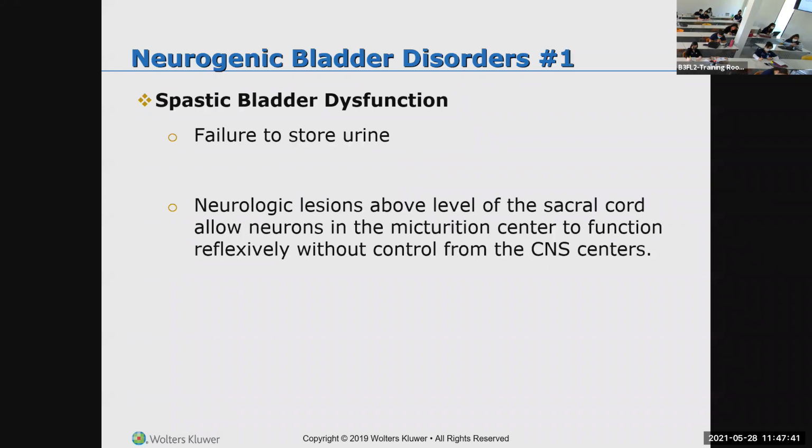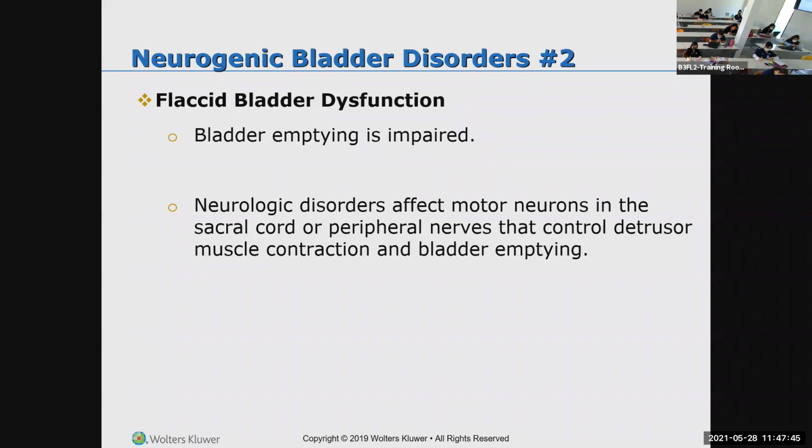Now we are saying the bladder becomes flaccid. When the bladder becomes flaccid, we have difficulty in urination. Bladder emptying is impaired.